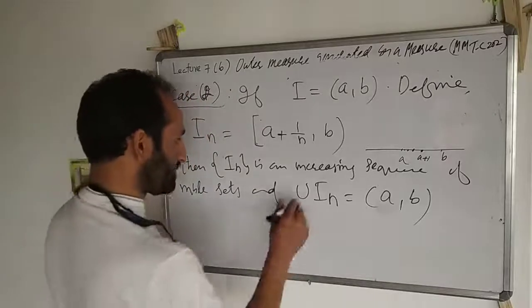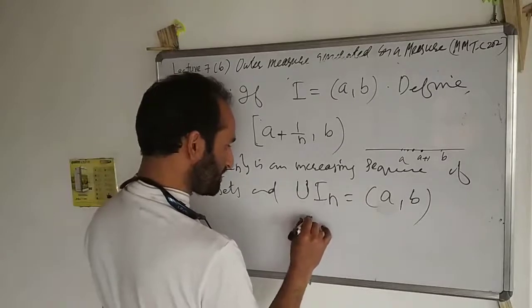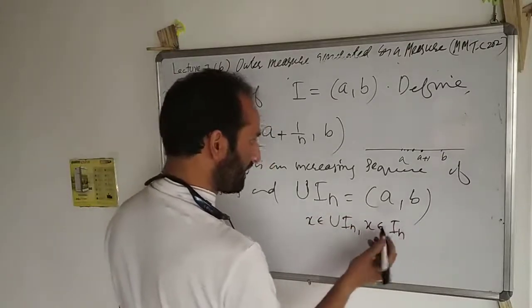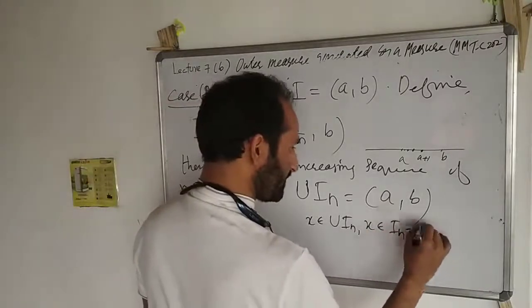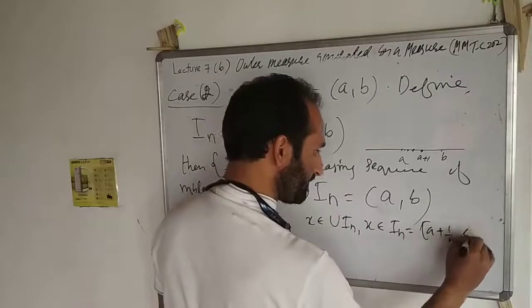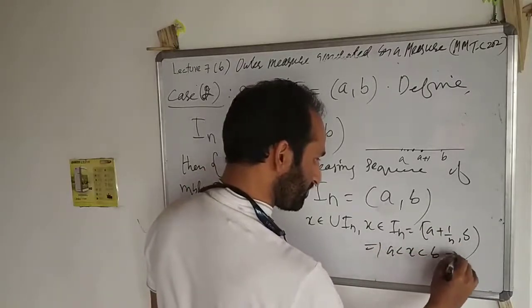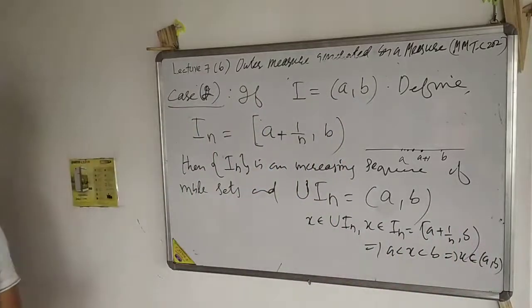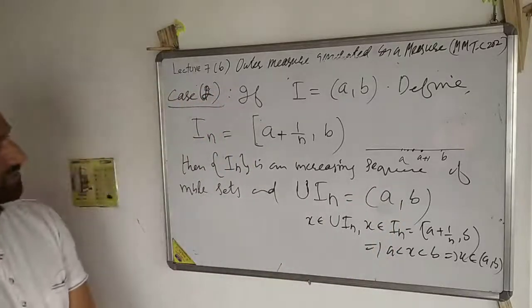You can easily verify this. So if I choose any member from this union, let's choose x in the union of I_n, then x belongs to I_n for some n. I_n means (a + 1/n, b]. So this means a is less than x less than b, which implies x belongs to the open interval (a, b). So whenever x is in the union, x belongs to the open interval (a, b).